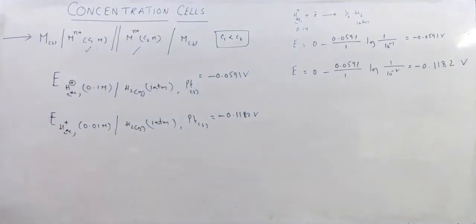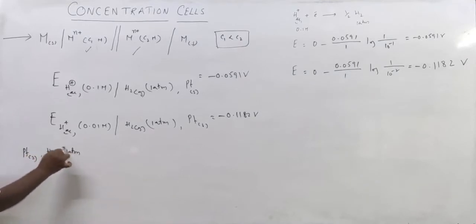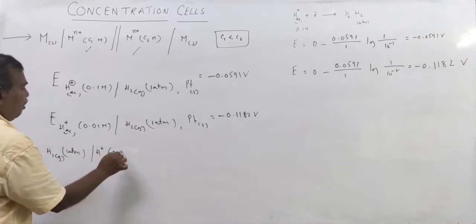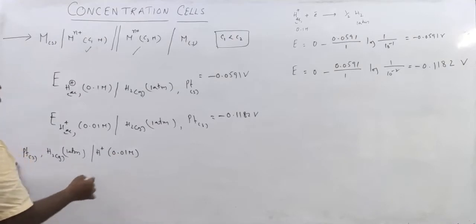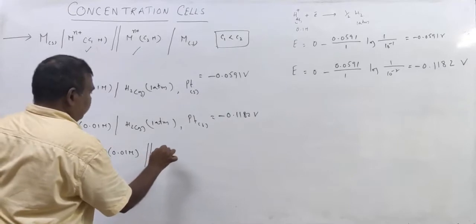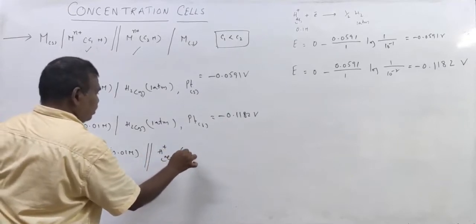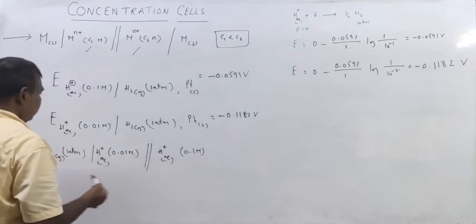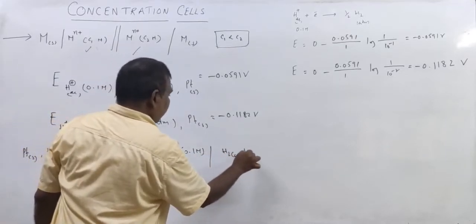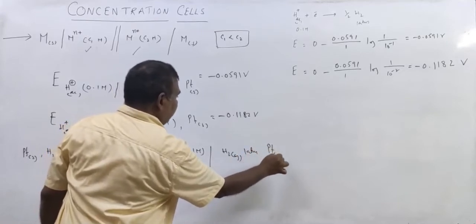If a cell is constructed like this: Pt solid, hydrogen gas 1 atmosphere, concentration of the electrolyte is 0.01 molar aqueous, salt bridge, H+ ion concentration 0.1 molar, hydrogen gas 1 atmosphere, platinum solid.